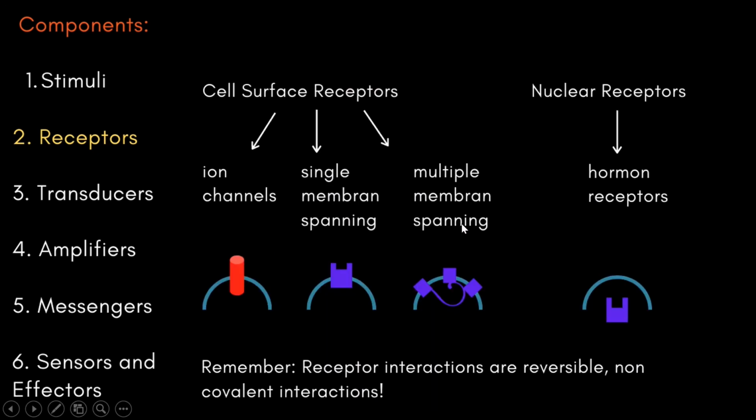There are different kinds of receptors on the cell surface: ion channels, single membrane spanning receptors and multiple membrane spanning receptors. On the inside of our cell we have mostly hormone receptors, because hormones can normally pass our cell membrane because they are lipophilic.